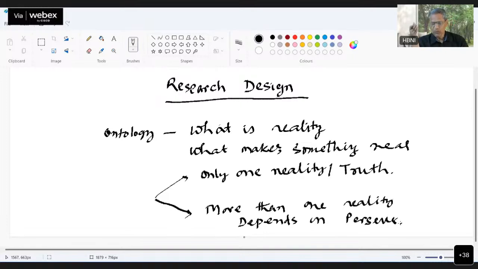Then what is the true reality? Sometimes there are optical illusion images. The same image will show something to somebody, and some people may say this is a rabbit, or from another angle it will look like a duck.